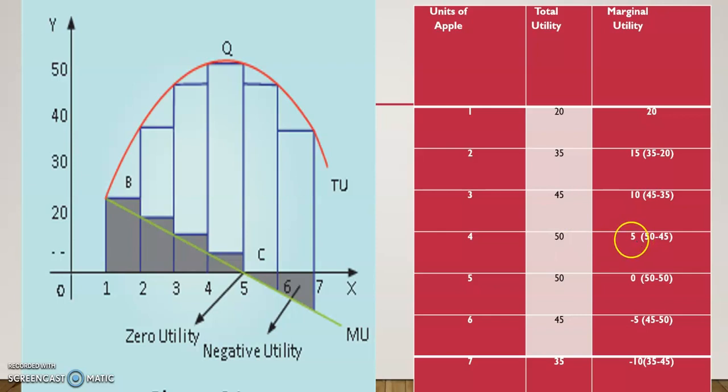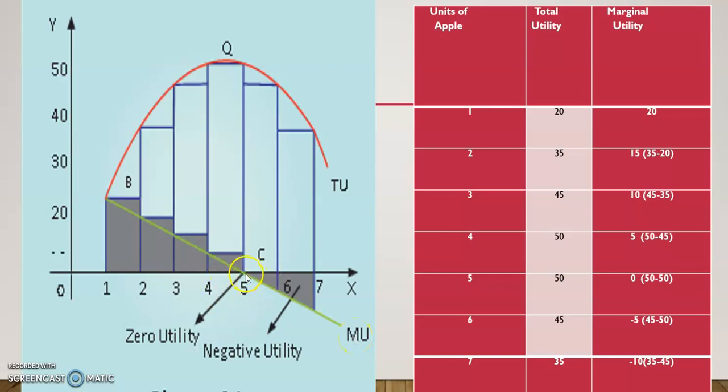After the fourth unit comes the fifth unit. The total utility is maximum, which is denoted here as Q on the TU curve, and the utility derived from the fifth unit is 0. That is shown here as 0 utility on the marginal utility curve.